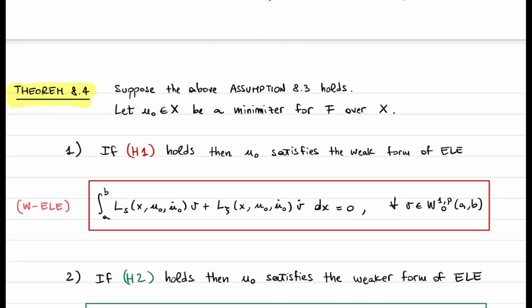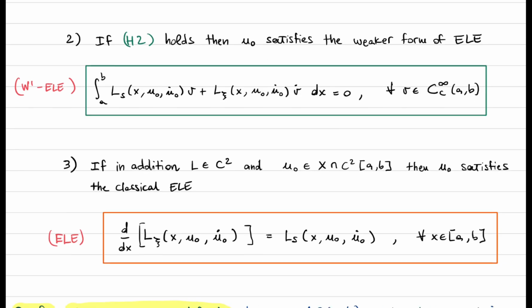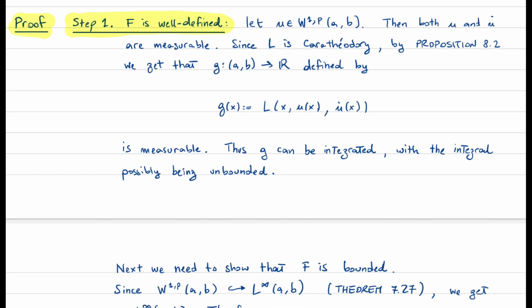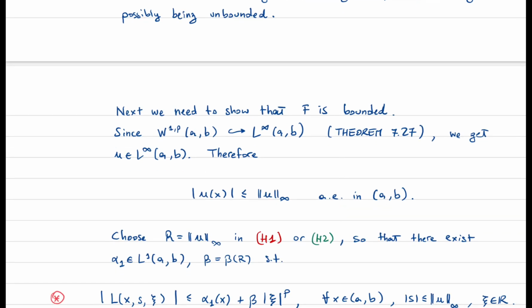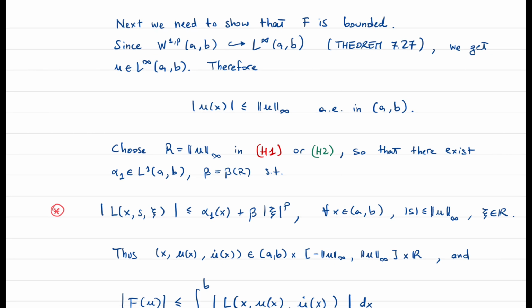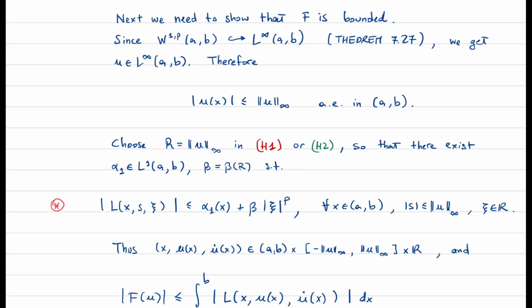Okay, I wanted to clarify this point because obviously we will use it constantly in this proof, because all we have are assumptions H1 and H2, and so you're always required to squeeze the variable s inside some interval.